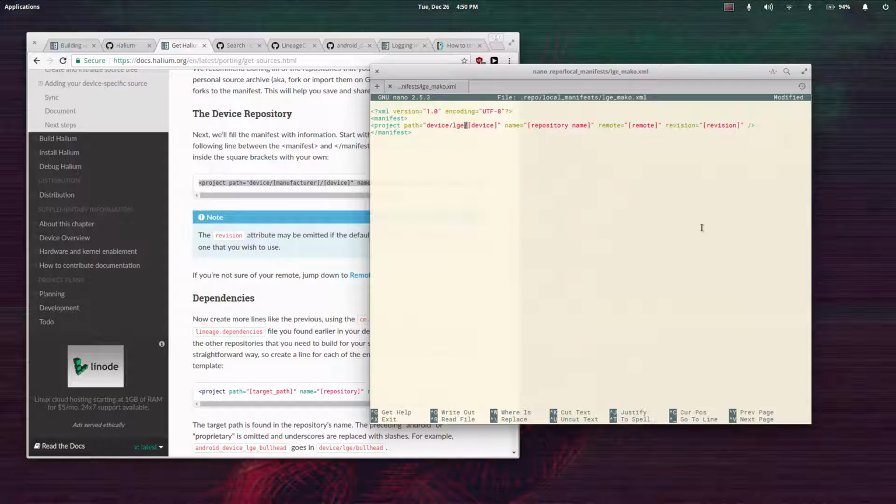Device LGE Macro. The fuck is repository name?